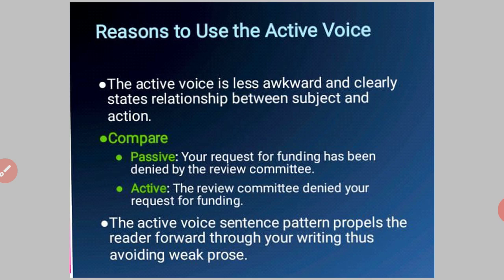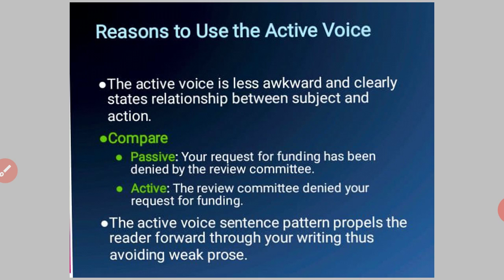Getting? The active voice sentence pattern propels the reader forward through your writing, thus avoiding weak prose. When we write anything, prose or any story, and we write the sentence in active voice form, and somebody is reading, then their mind is curious to read more and go through it.